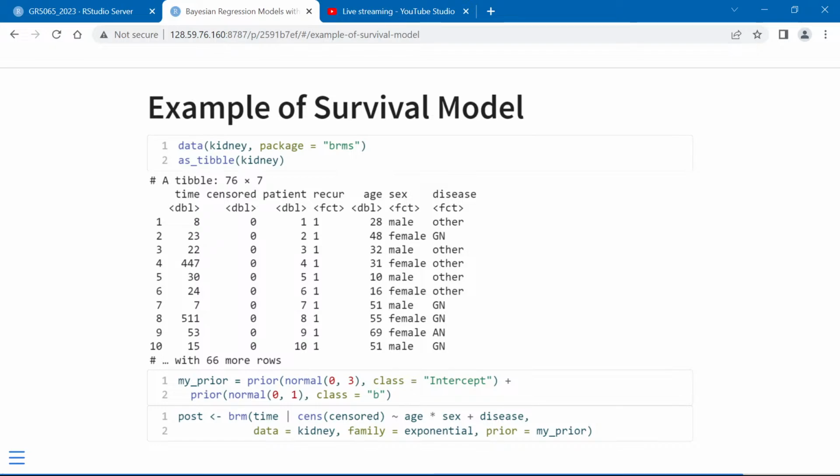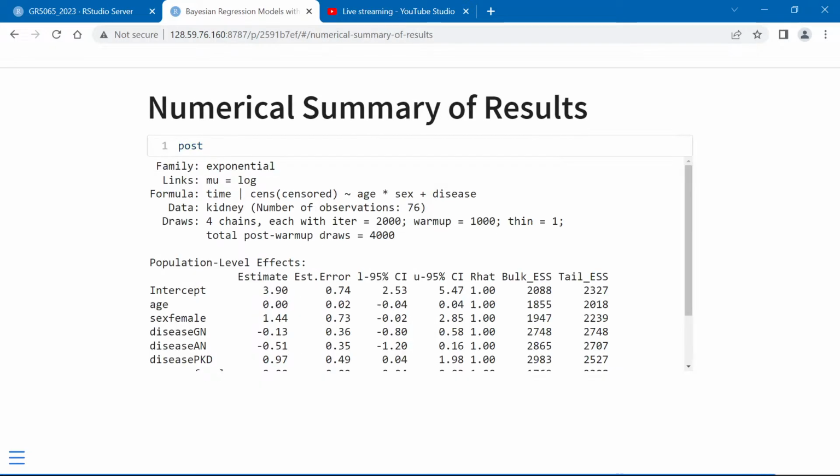And then let's say that's a function of age interacted with sex. Let's make dummy variables for which kidney disease the person has, given the exponential family whose default link function is log. And there are my weakly informative priors. We can get this stuff at the end.